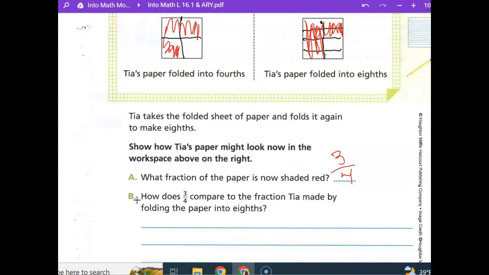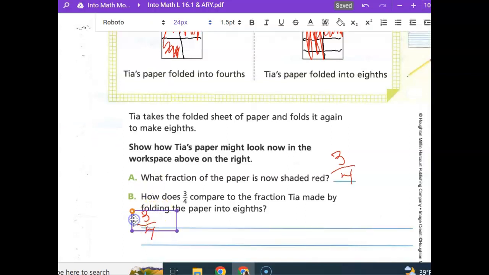Well, on the right or left, she folded 3/4. We're going to space this over, and we're going to leave a space and write 6/8 in there, are equal.